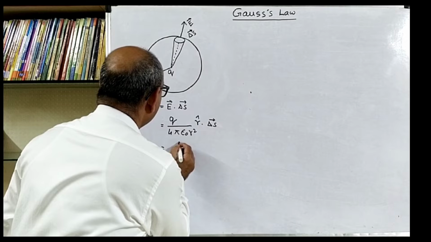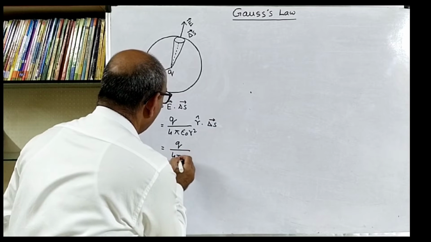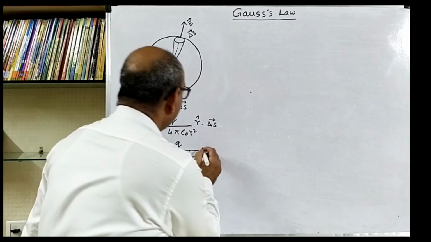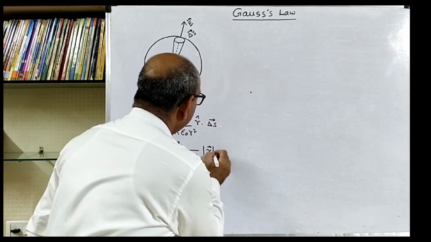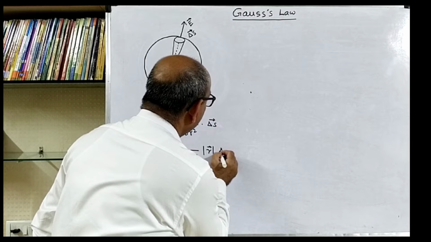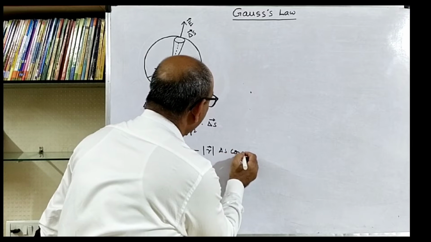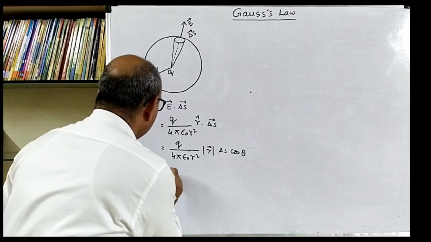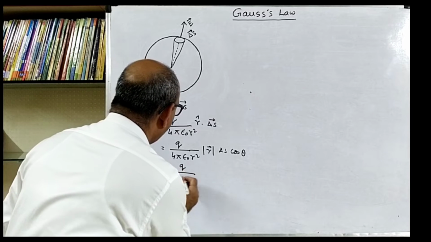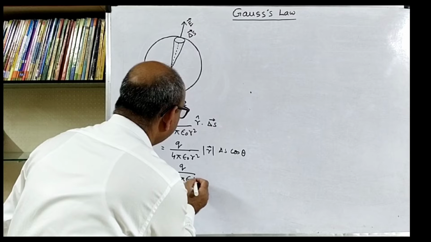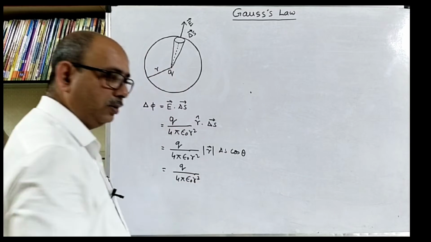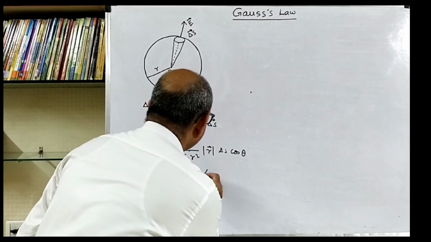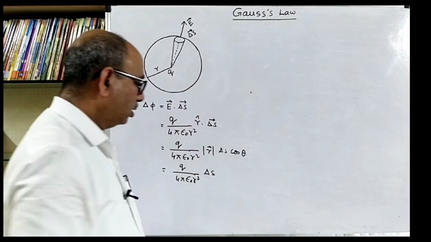We can write it as Q upon 4 pi epsilon naught r square, magnitude of the unit vector r into delta S into cos theta. This is equal to Q upon 4 pi epsilon naught r square, value of unit vector is 1, delta S cos theta.